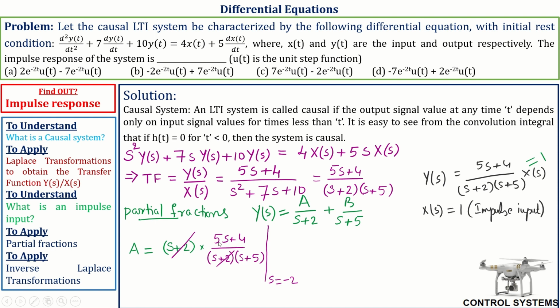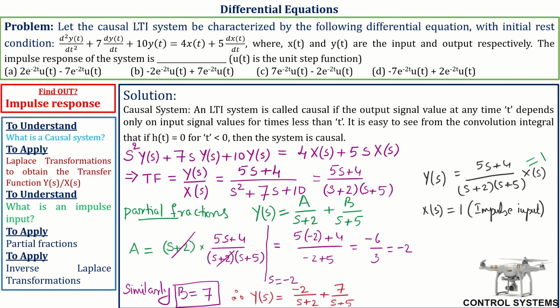So 5 into minus 2 is minus 10 plus 4 is minus 6, and minus 2 plus 5 is 3. So we get minus 6 by 3, which is minus 2. Similarly, we can get b equal to 7. So y of s is equal to minus 2 by s plus 2 plus 7 by s plus 5.